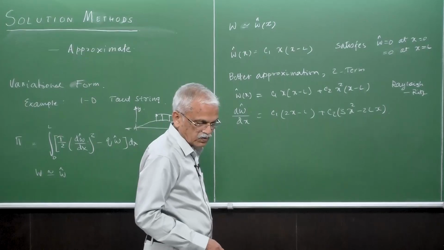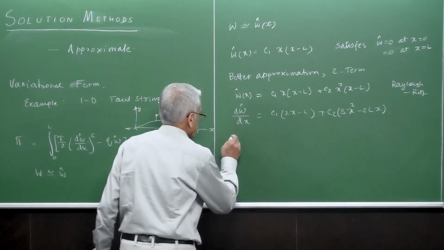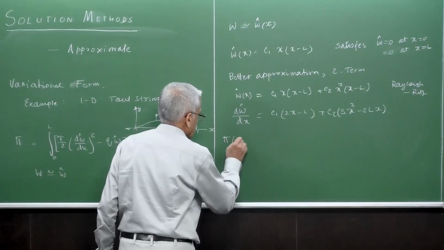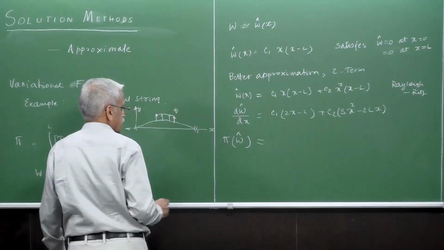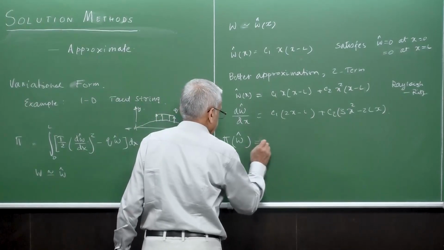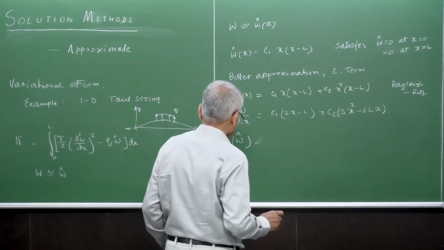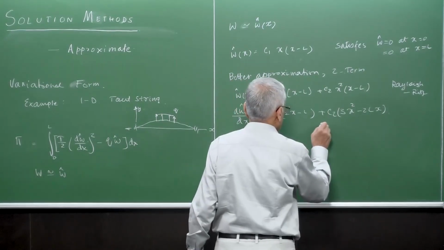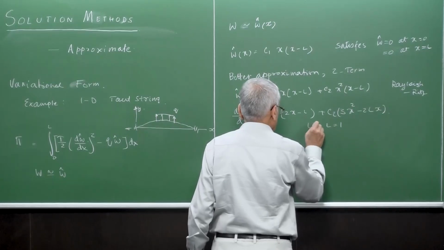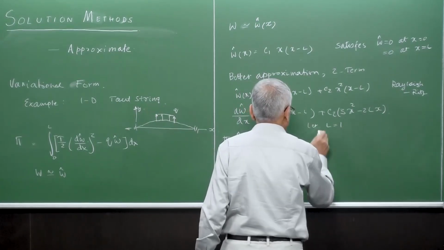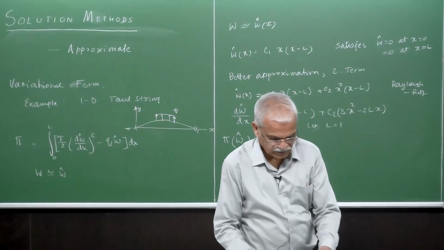Okay, so now what we are going to do here is substitute this into this potential energy. So this is the potential energy we can calculate here, and just for the sake of simplicity, let L equal 1, and then what we have here is a simple solution.